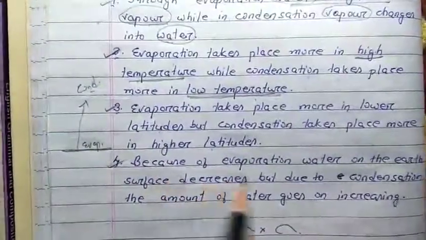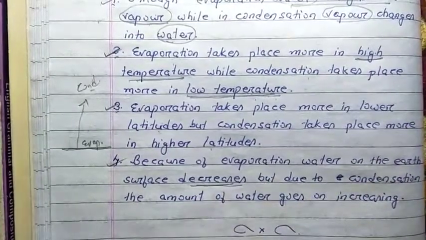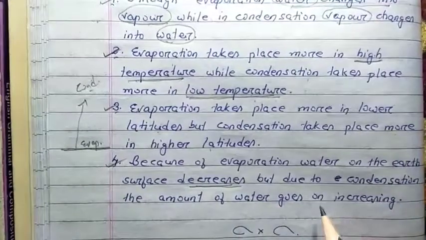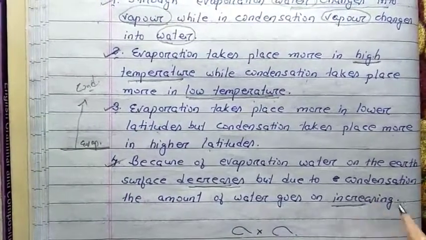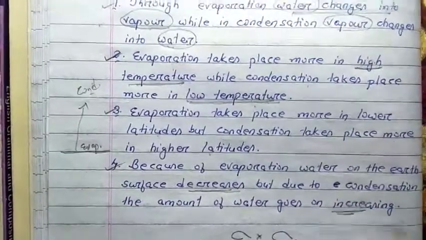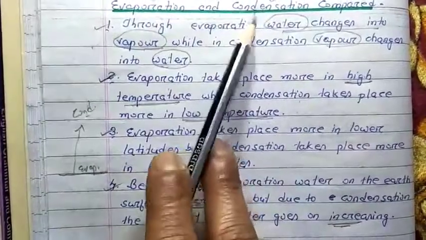The last one is here, because of evaporation, water on the Earth's surface decreases because it goes in the sky in the form of water vapor. But due to condensation, the amount of water goes on increasing because again the water vapor changes into water. So these are the differences between evaporation and condensation.